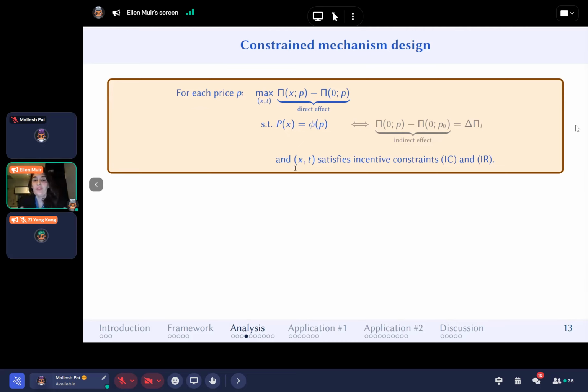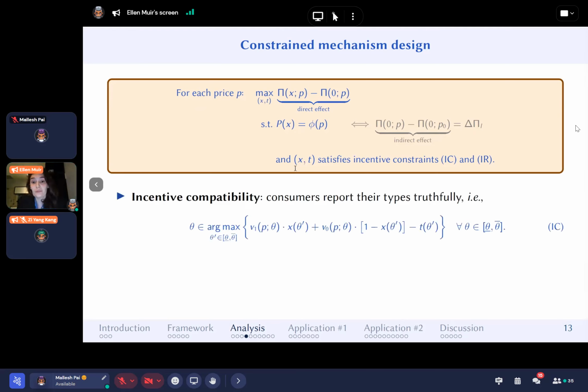And then we also need to satisfy our standard incentive compatibility and individual rationality constraints as well. And so the next step in this problem is then going to be working out, okay, what do these IC and IR constraints actually look like in this inner problem?